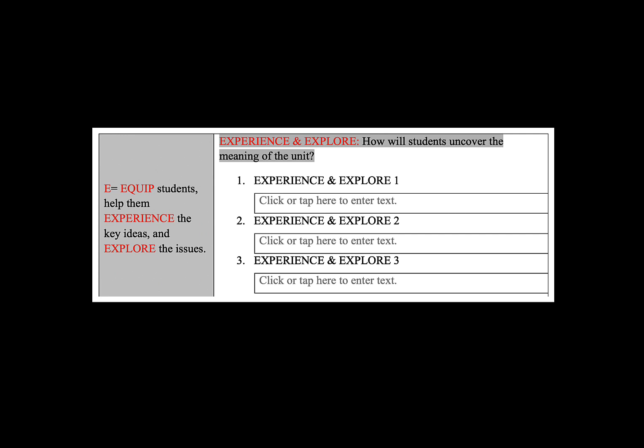It is here that the experience is needed in the unit to make connections to the key ideas, as well as how well the learner will explore the issues are given attention to. In this section, the designer makes sure that the learners will have the ability to transfer their learning. Equip learners with a visual of what excellent, good, fair, and poor examples look like.